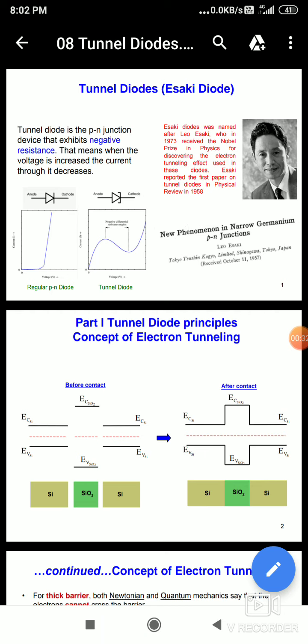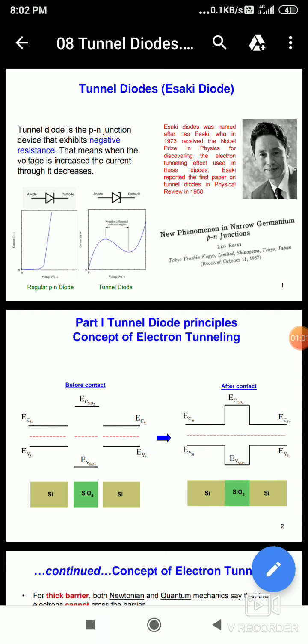And the circuit symbol of this tunnel diode, which is shown in the figure, has two terminals, anode and cathode. The p-type semiconductor acts as an anode, and the n-type semiconductor acts as a cathode. Already we know that anode is a positively charged electrode which attracts the electrons, and cathode is a negatively charged electrode which emits the electrons.